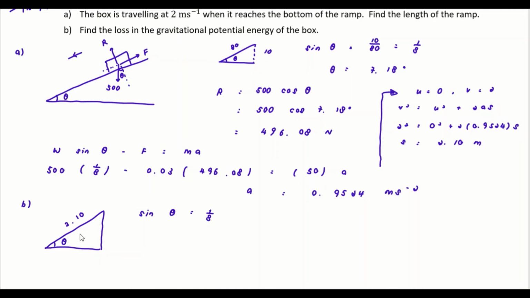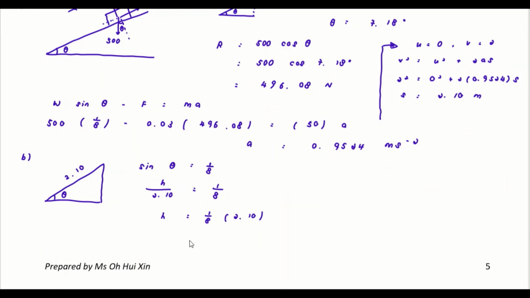Using SOH, the height is the opposite, over 2.10 for the hypotenuse, equals 1 over 8. So the height is just 1 over 8 times 2.10. Depending on whether you want to finish the working or not, I think in this case the number is still okay. So 0.2625.